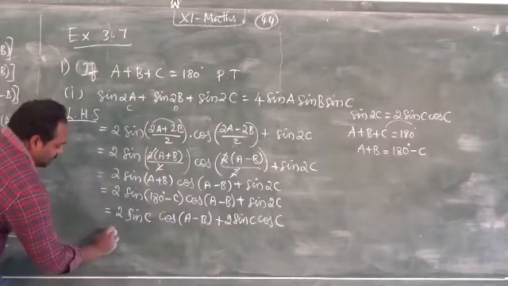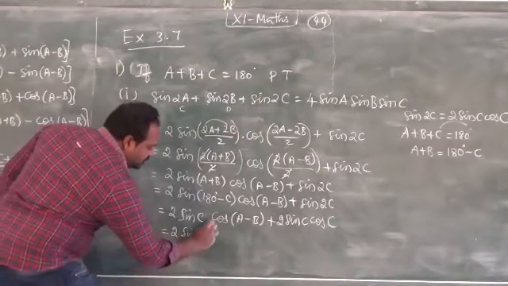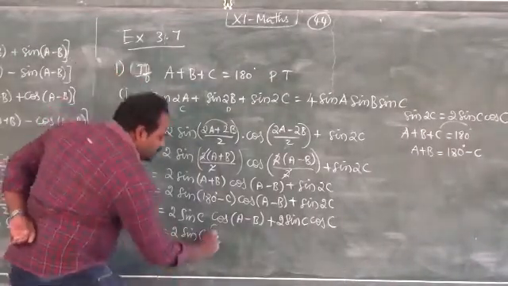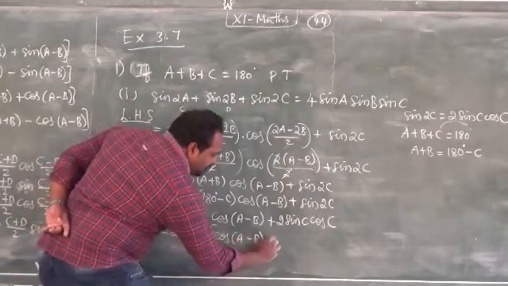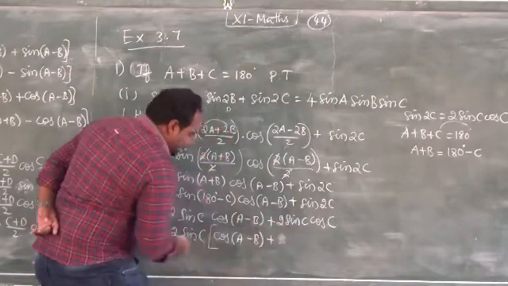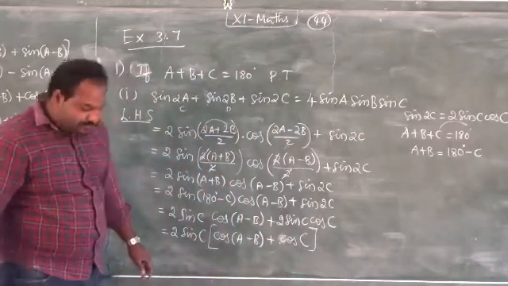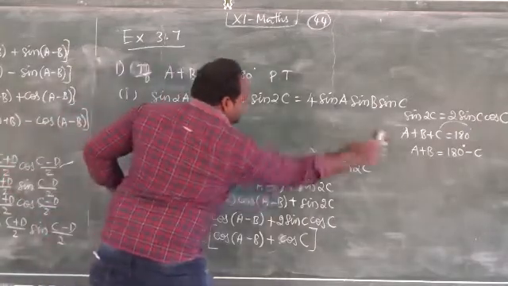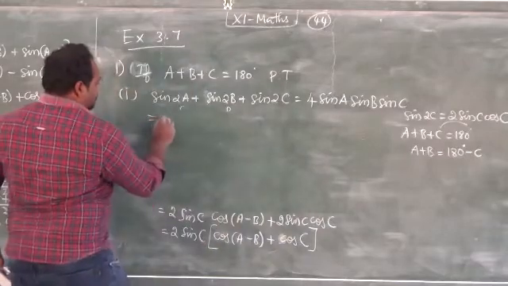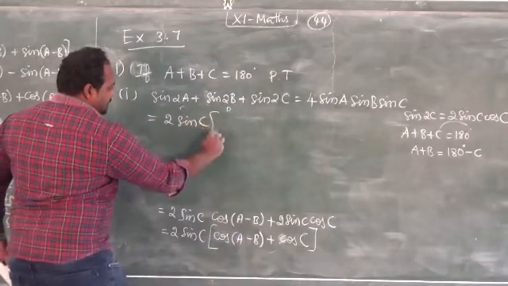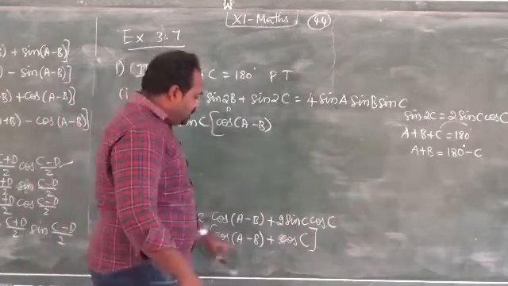So in this expression I am going to take 2 sin C commonly outside, and remaining we have only cos C. So we get 2 sin C in brackets, cos of (A minus B) plus cos C.